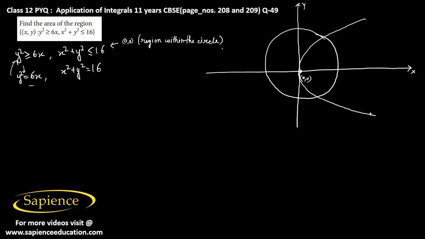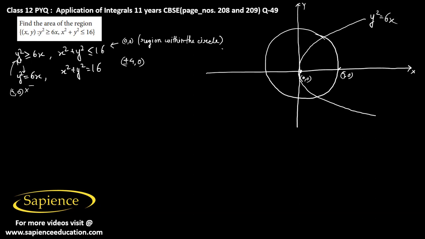It will pass through the origin, this y square equal to 6x, and here the circle will intersect the x-axis at the point plus minus 4, 0. So this point is 4, 0. If you put 4, 0 here, then this is not satisfying. 4, 0 does not satisfy this inequality.